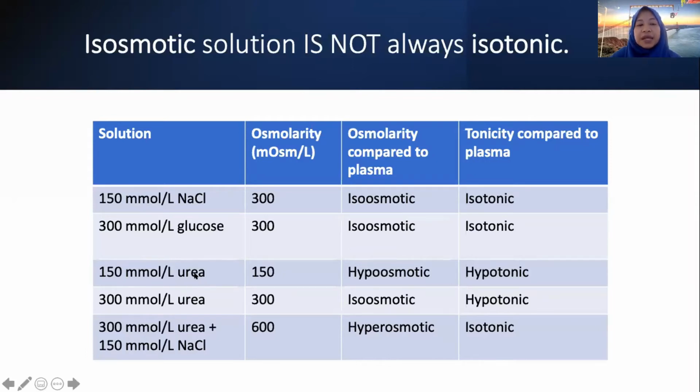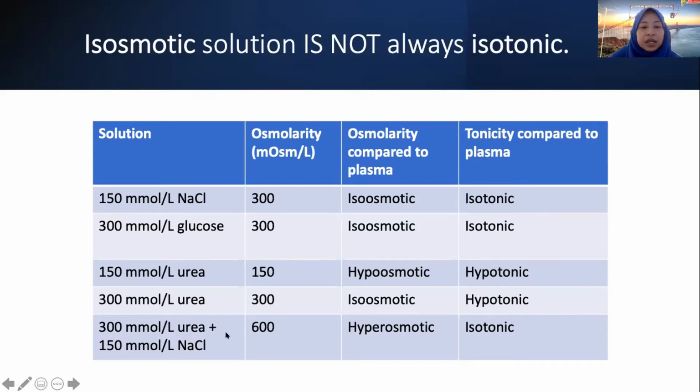Because urea is penetrating. So let's assume this is just water and urea, with no other solute. So the tonicity will be hypotonic as well, because there is none of the non-penetrating solute. Even if you increase the urea to 300, and now it becomes isoosmotic, because this is a penetrating solute, the tonicity is still hypotonic.